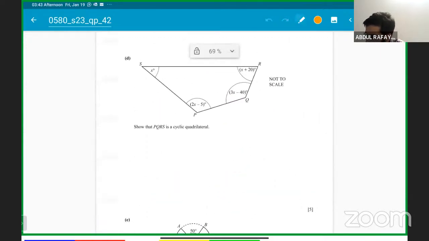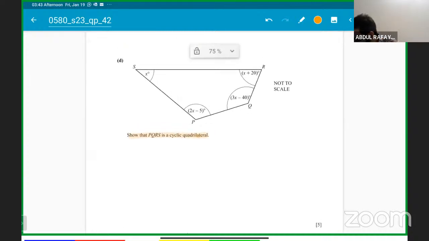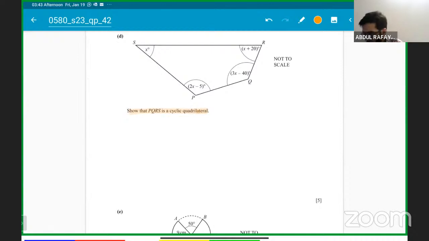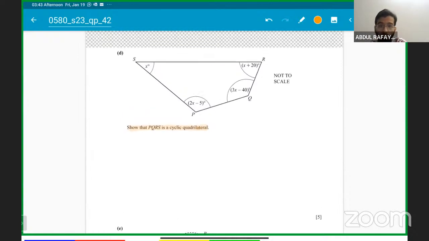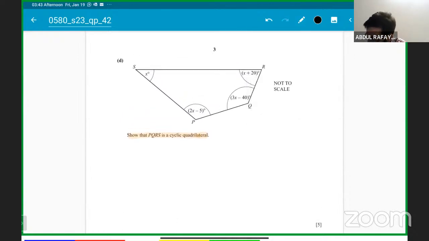Then we have to show that PQRS is a cyclic quadrilateral. How will you show that? All 4 angles are given and it's a 5 marks question. So what students can do is find the value of x.